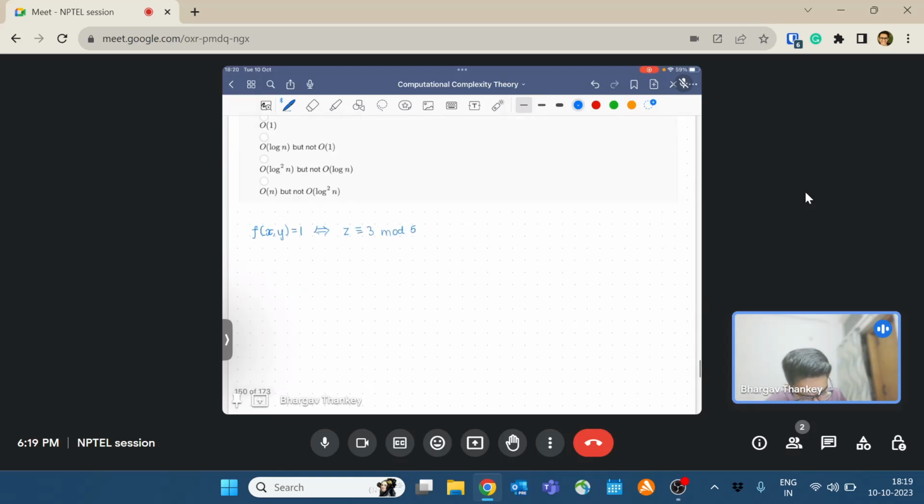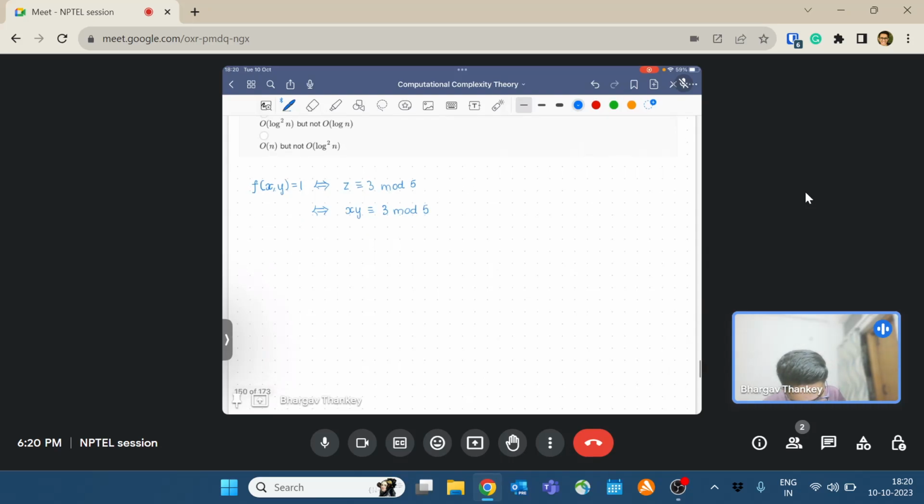But z equals xy, so this is just xy mod 5.